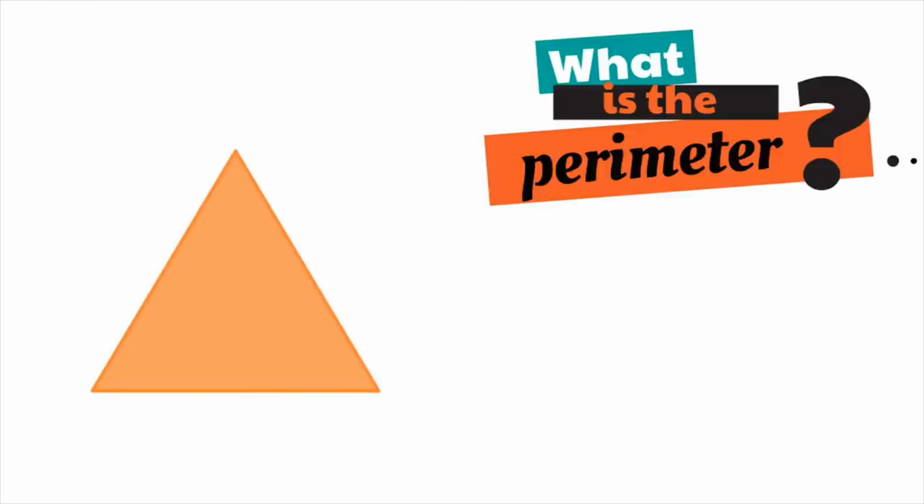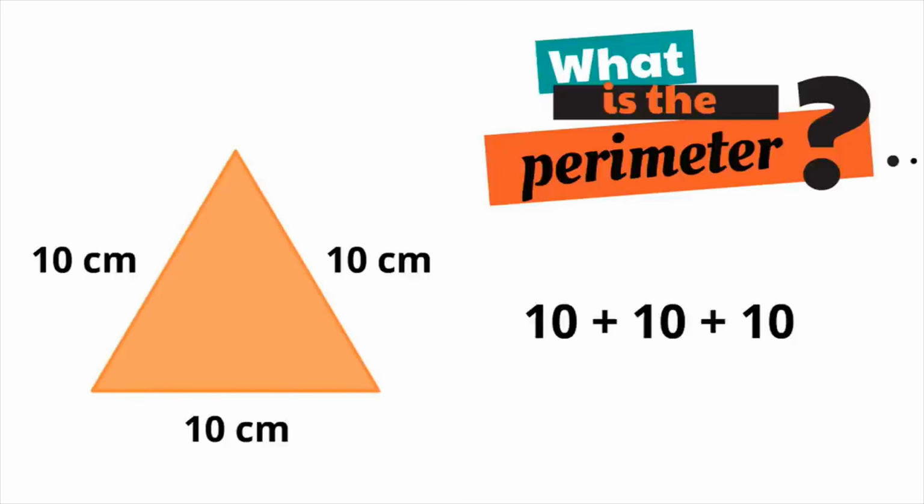With this triangle, all 3 sides are the same length. So how long are they? Let's pretend we measured it, and each side is 10 centimeters. Now remember, to find the perimeter of a shape, we need to know the distance around the whole shape. So we just add the sides together. What's 10 plus 10 plus 10?